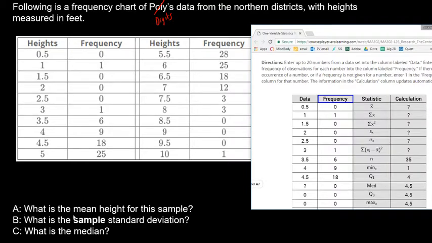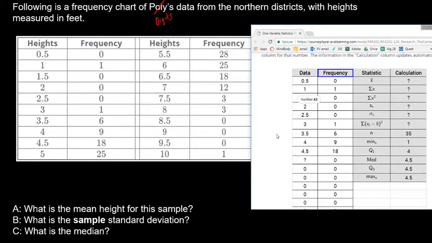So for example, part A, what is the mean height? You would just look at the number that corresponds to the x bar and plug that in. Median corresponding to MED, and then standard deviation with our S of x. So a little bit time consuming to enter your numbers into the table, but once you have them all in there, it should be pretty easy to get your answers figured out.